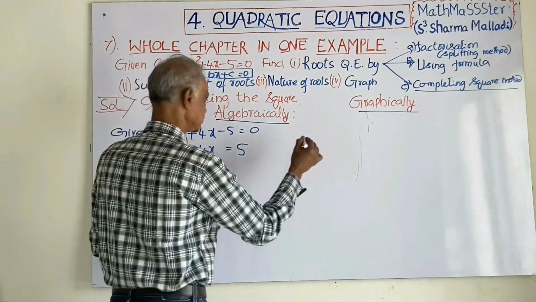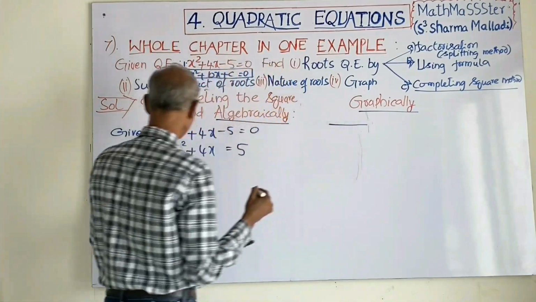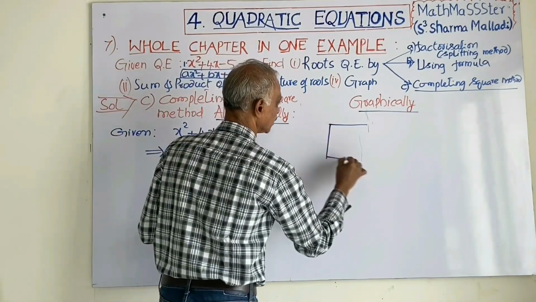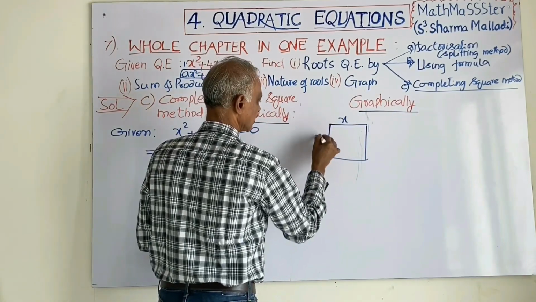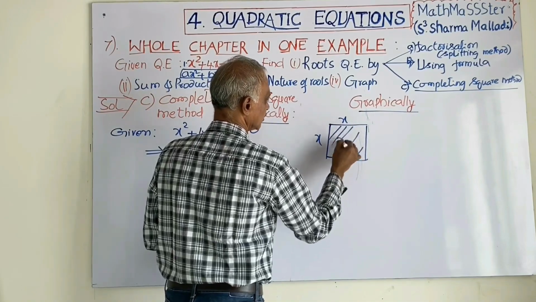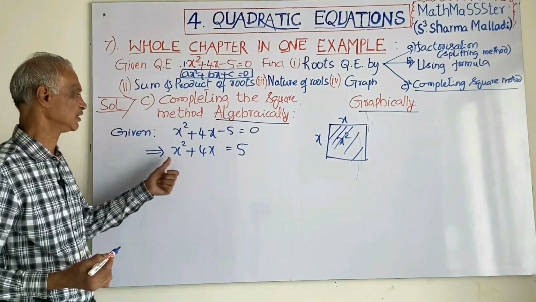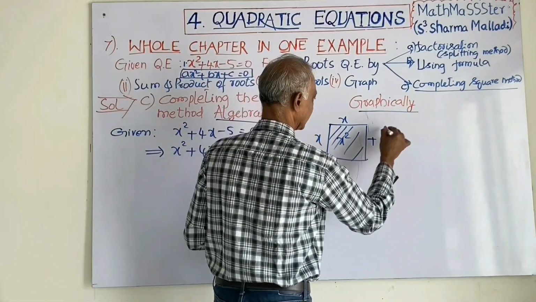Next, I will show it graphically. What is here? X square means you take a square. This is x and this is also x. What is the area of this square? X into x, side into side, x square. I have taken x square. Then I will take plus 4x.